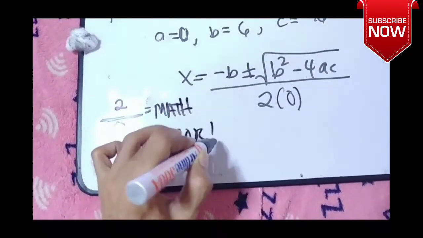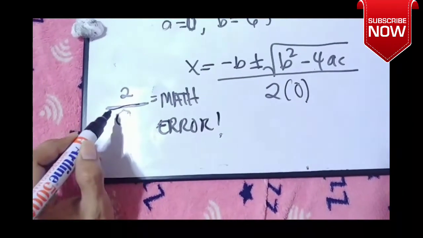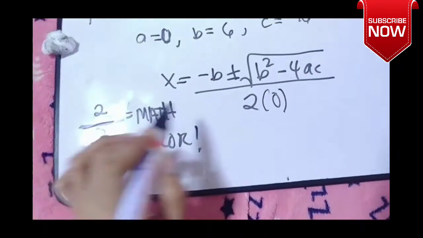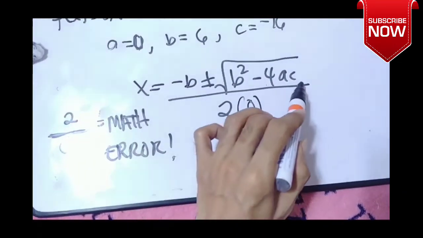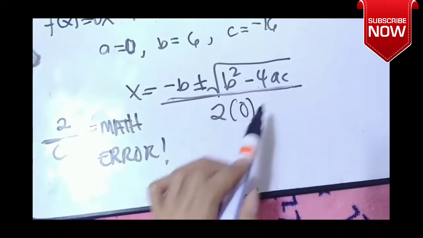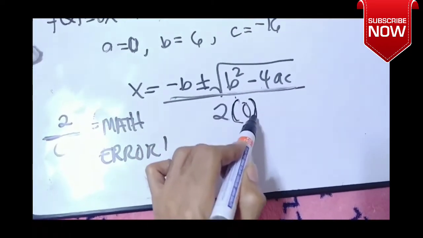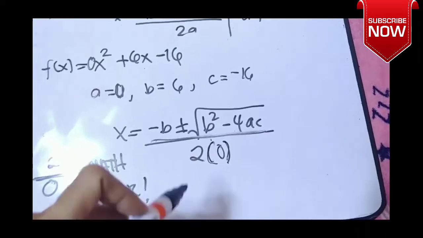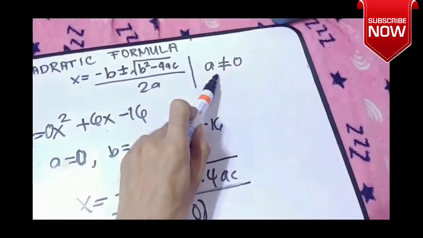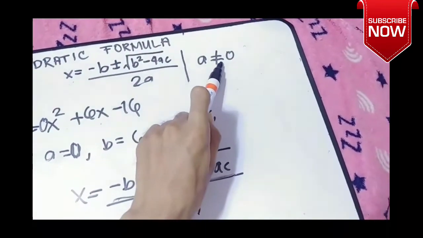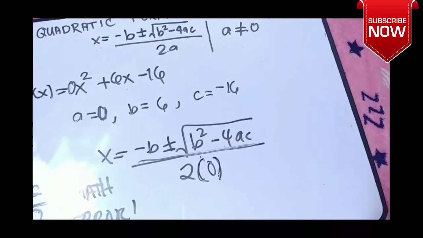Ibig sabihin, it cannot be solved. The equation cannot be solved if the denominator contains zero number. That's why a is always not equal to 0 when it comes to quadratic equation.